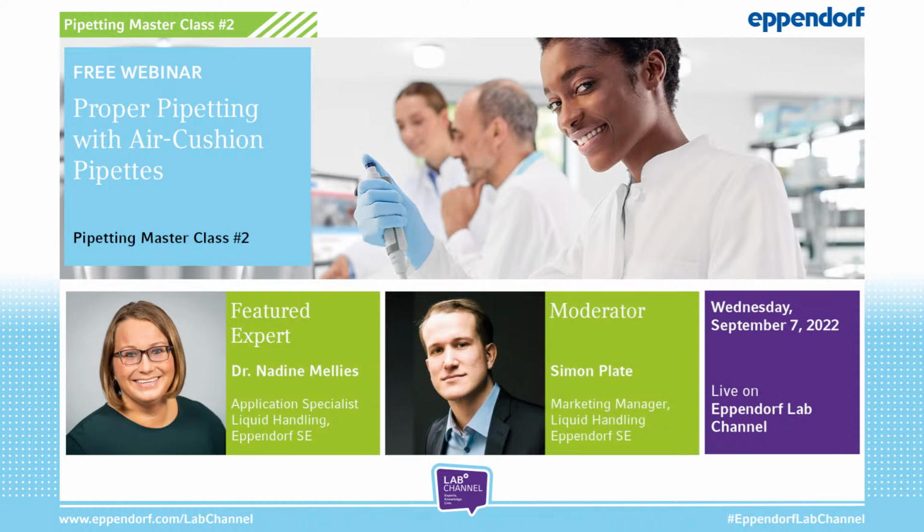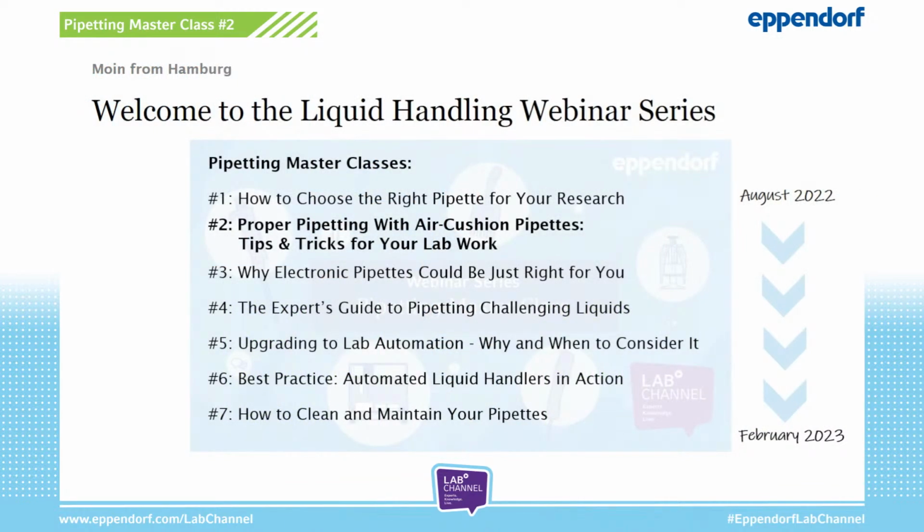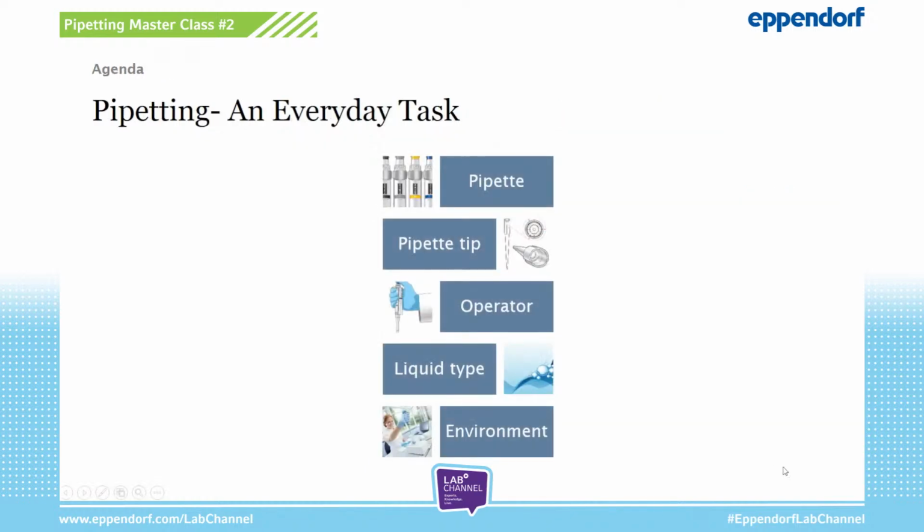So let's take a closer look at proper pipetting with air cushion pipettes. For all of us who work in the lab, working with pipettes is part of our daily routine. Pipetting has become something very normal and usual that we don't really think about it anymore, which is on the one hand quite good.